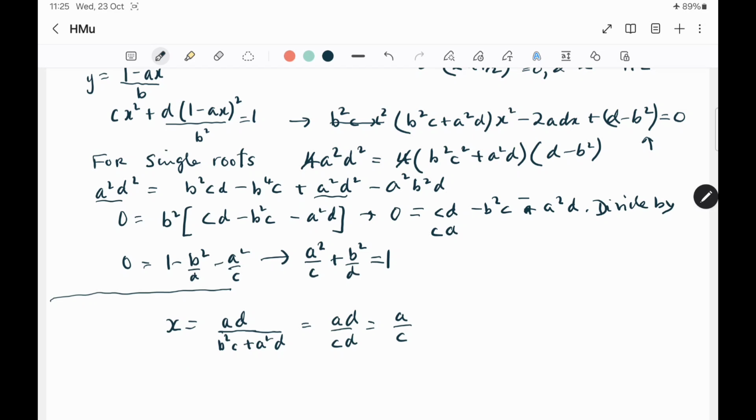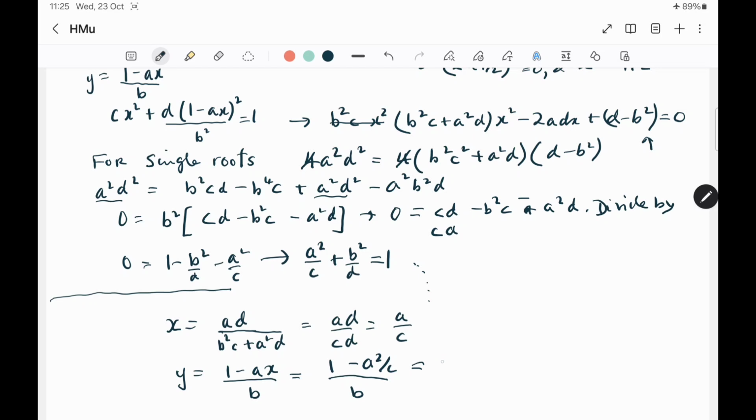And now y equals 1 minus ax all over b, and substituting for the x, that gives us 1 minus a squared over c all over b. a squared over c, we can see, is just 1 minus b squared over d from here.